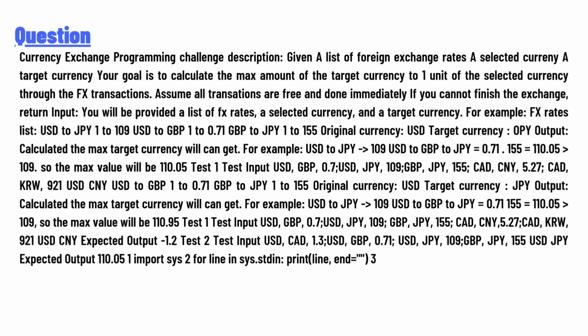Expected output 1.2. Test input: USD CAD 1.3, USD GBP 0.7, USD JPY 109, GBP JPY 155, USD JPY. Expected output 110.05. Input: import sys, for line in sys.stdin, print line.